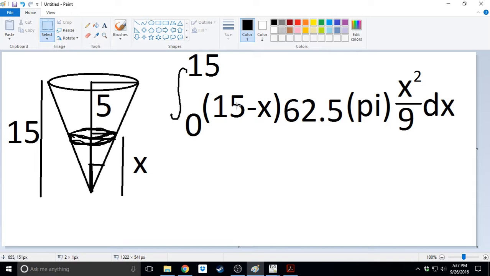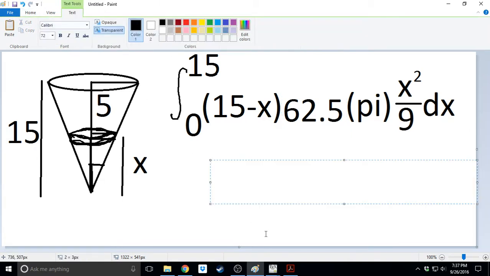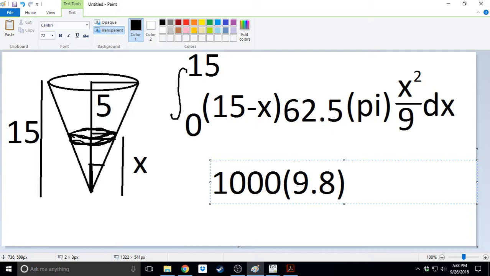We multiplied by 62.5 to convert from a volume of water to a weight of water. If you're working in metric, you're going to have to multiply by 1,000 instead of 62.5 to convert from a volume of water to a mass. And then you're going to have to multiply also by 9.8 to convert from a mass to a weight.